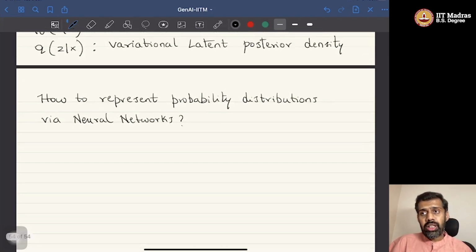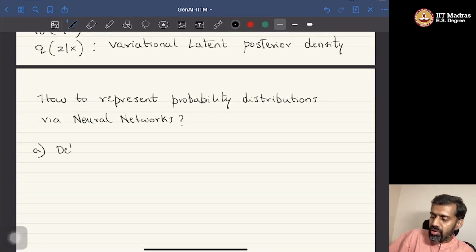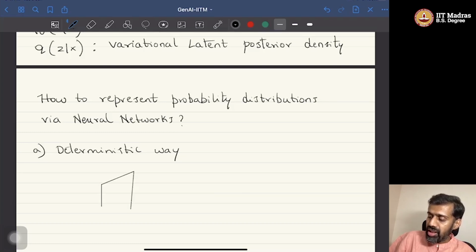There are typically two ways to do it. One is the deterministic way, the deterministic representation, where you have already seen one example, which is the generator of a GAN. If you recall, the generator of a GAN is sampling from p theta of x or x cap, right?